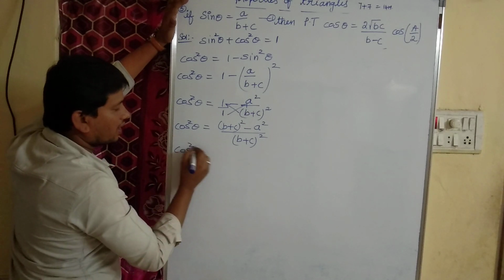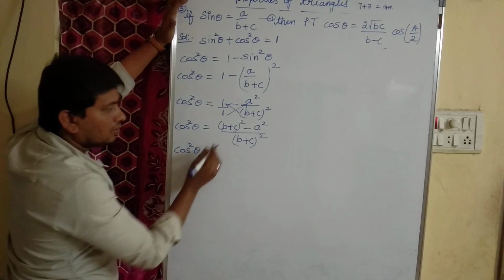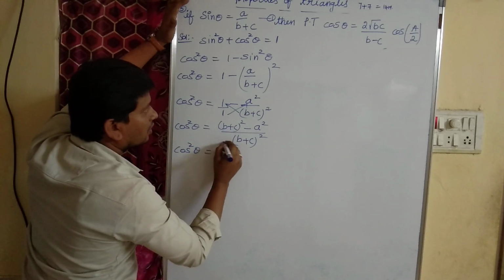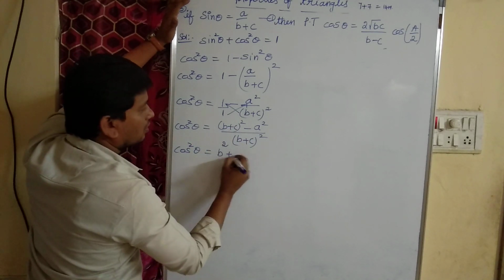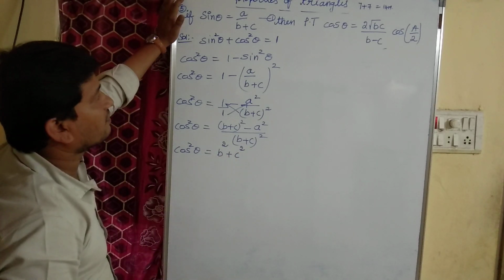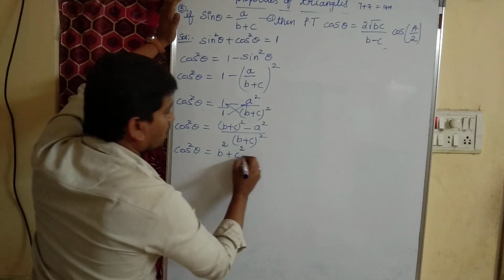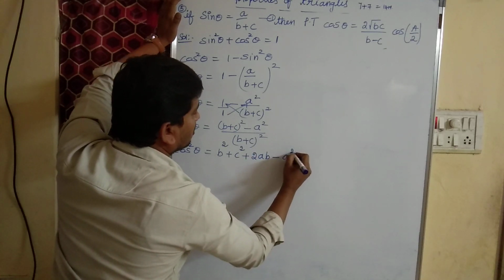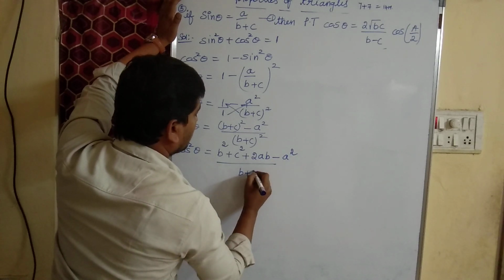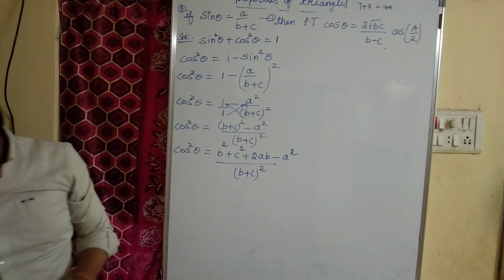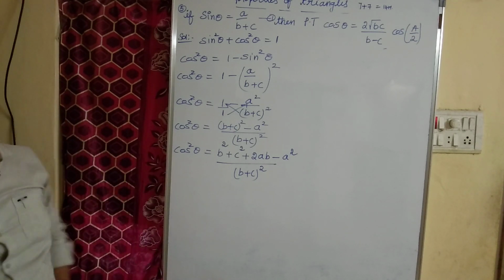So cos square theta equal to, which is in the form of a plus b whole square, b square plus c square plus 2bc minus a square by b plus c whole square, right?